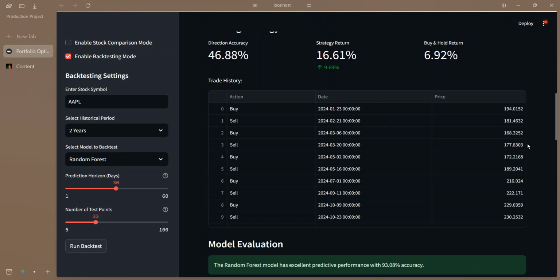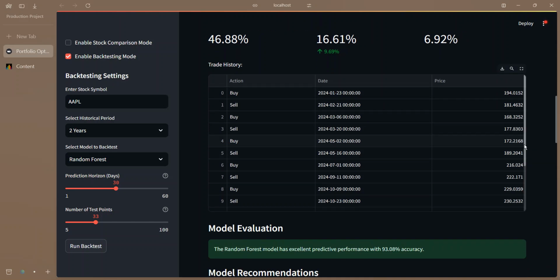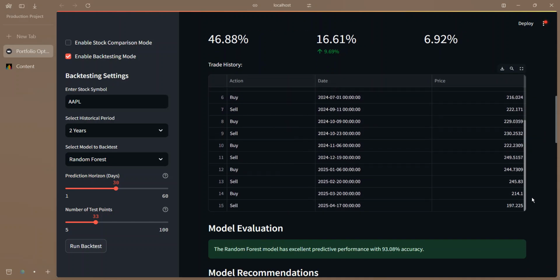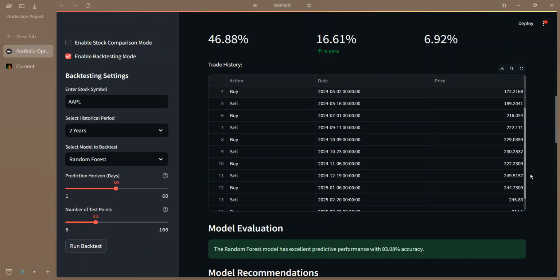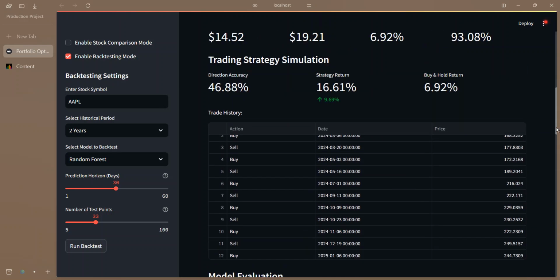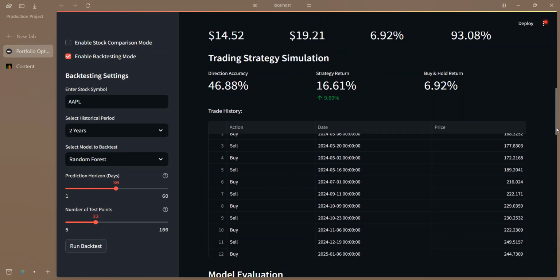And you can see here it did around 15 trades, and the total return was around 6.92%. This is the buy and hold return if you just bought and held, and the strategy return is 16.61%.